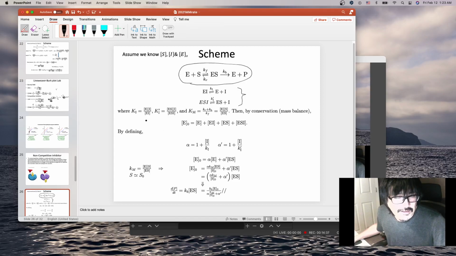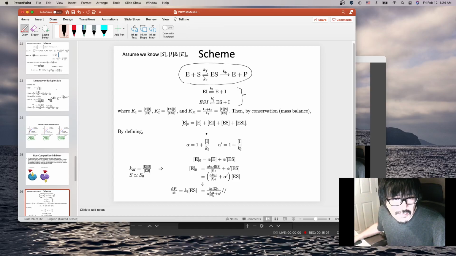Now it's kind of interesting that I can calculate EI from that expression, or ESI from that expression right here. So defining alpha as that term and alpha dash as that term right here, E naught becomes alpha times E plus alpha dash times ES.